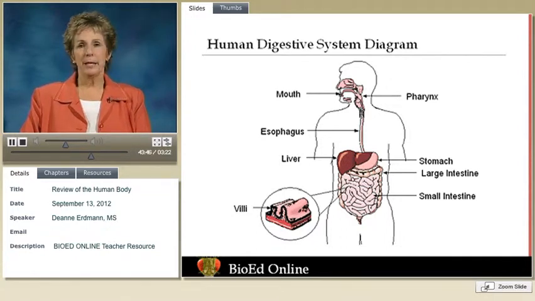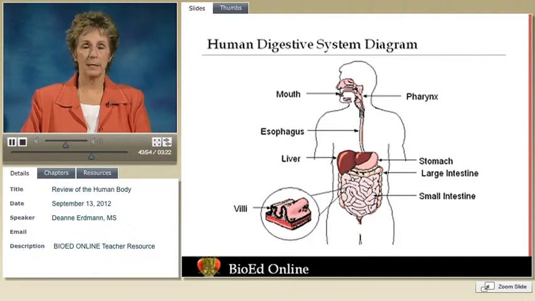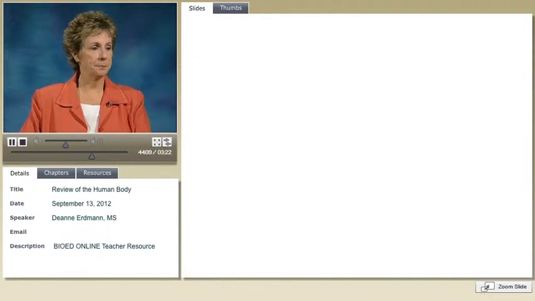From the small intestine, we go in through the final tube, and that's the large intestine. And the large intestine does not absorb any digested food product. If it hasn't been absorbed, it's not going to be. Instead, it's responsible for absorbing water and vitamins. The large intestine also maintains a large flora of bacteria that help produce some important vitamins for us and help with the digestive process as well.